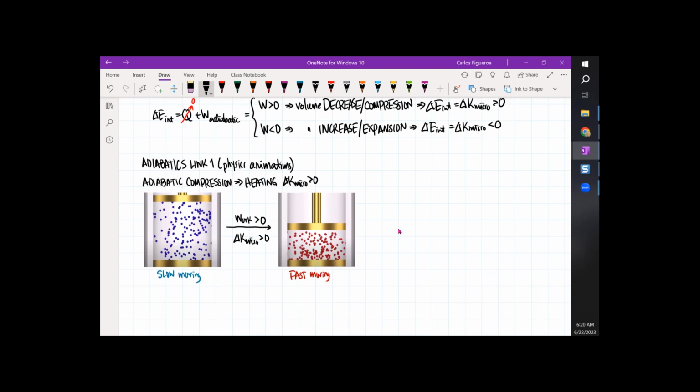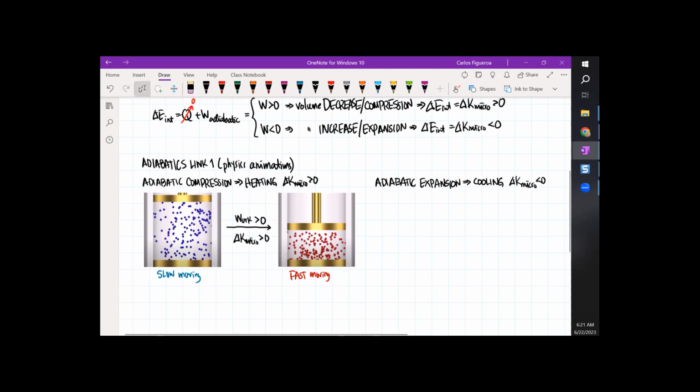Now, on the other hand, I have adiabatic expansion, and the expansion is caused by the collisions with the gas particles, so therefore this causes cooling. And the reason it's cooling is that now the change in K micro is less than 0.